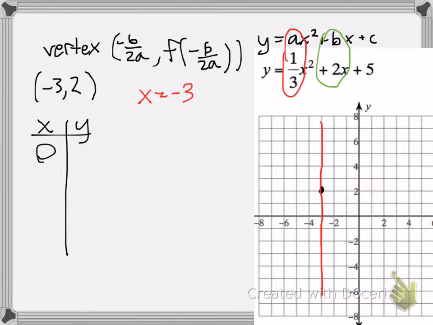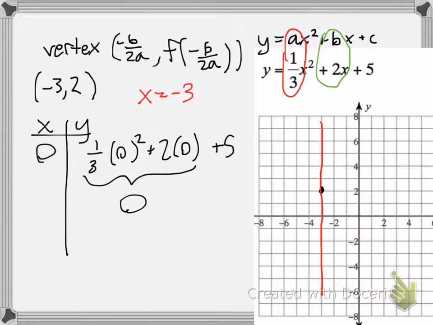Well, then all this 1/3 x squared plus 2x business, right? This whole thing is just automatically going to be 0 because I'm multiplying by 0 for both of those terms. So I'm just going to get 5 for my y coordinate there. So standard form does have its perks because it's super easy to find the y-intercept there.